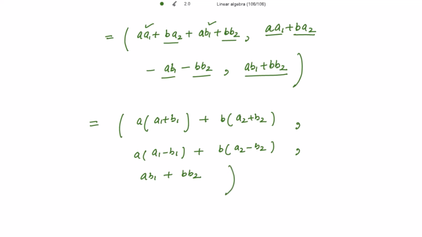Okay, let me take this bracket as this, so that there will be no confusion.